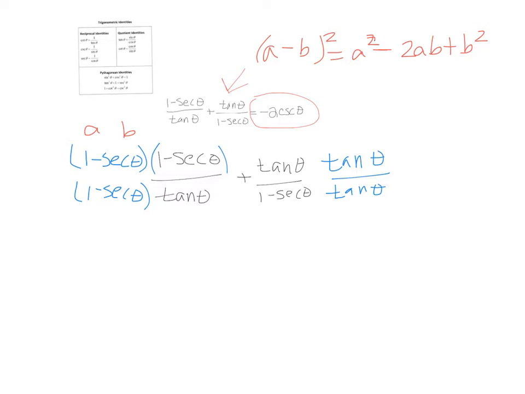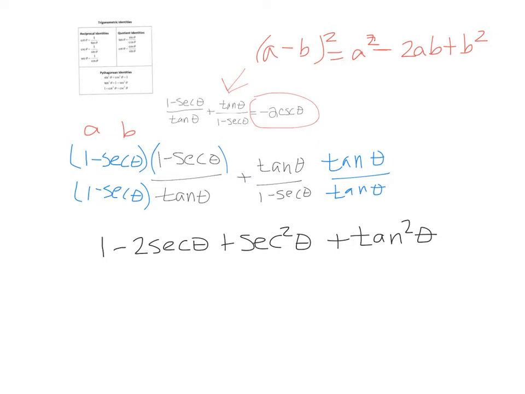Let's see what we get. On the left side, a squared is 1, minus 2 times 1 times secant, so minus 2 secant theta, plus secant squared theta, plus tangent squared theta.